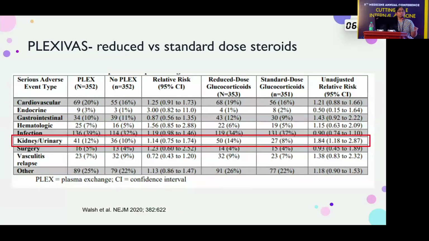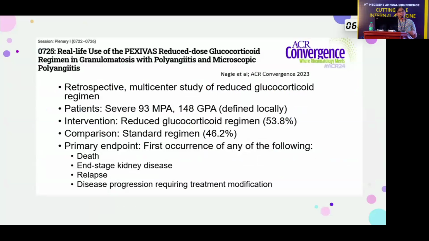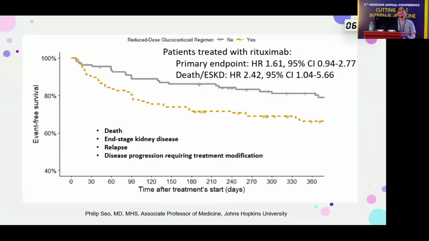However, all is not what is shown in the trial. When you look at the supplementary table, you realize that kidney events in the patients who had low dose steroids were much higher as compared to the patients who had standard dose steroids. This was followed by an abstract presented at last year's ACR, wherein the authors showed that patients who received the reduced glucocorticoid regimens had a significantly higher rate of events as compared to patients who received high dose steroids.